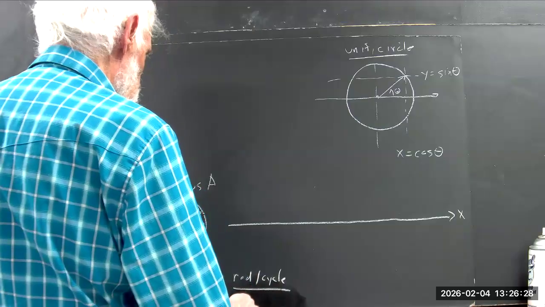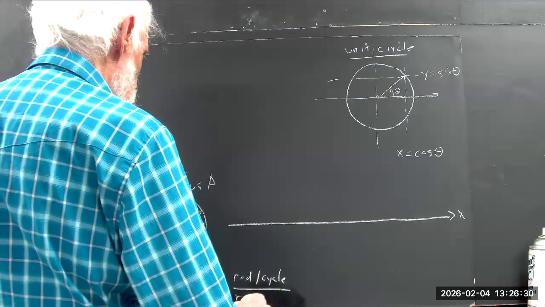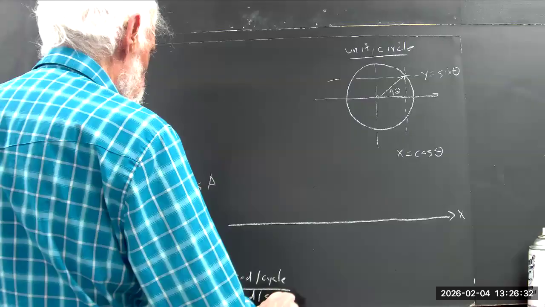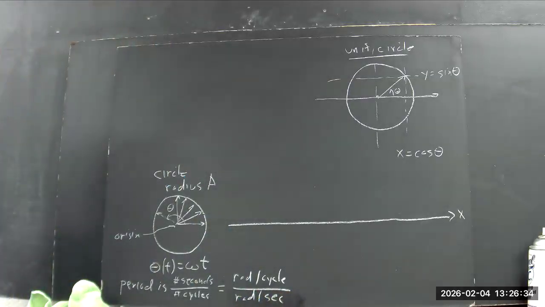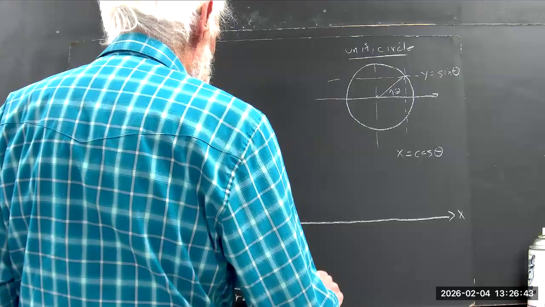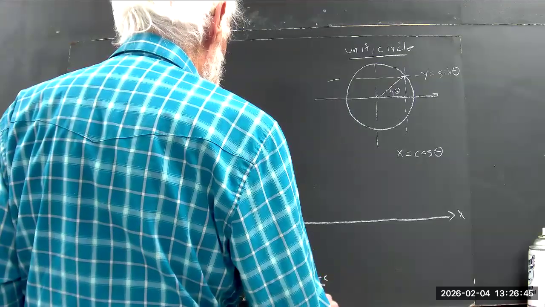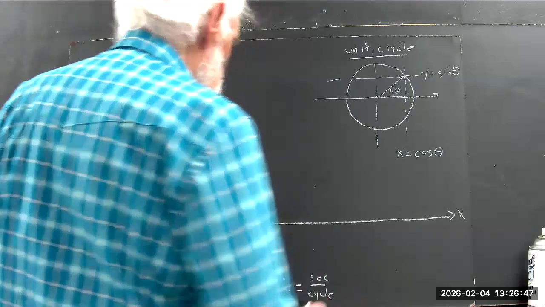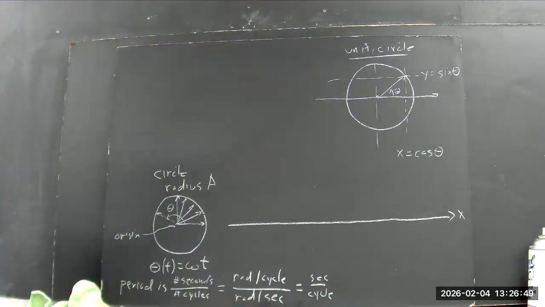It's radians per cycle over radians per second, right? Because you divide radians per cycle by radians per second. You get seconds per cycle. Okay.